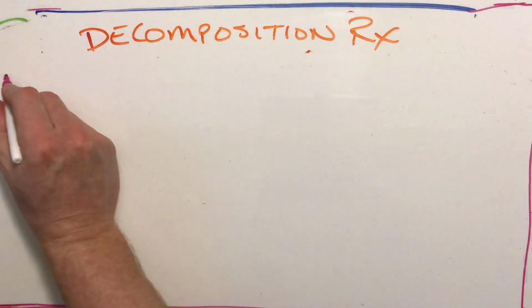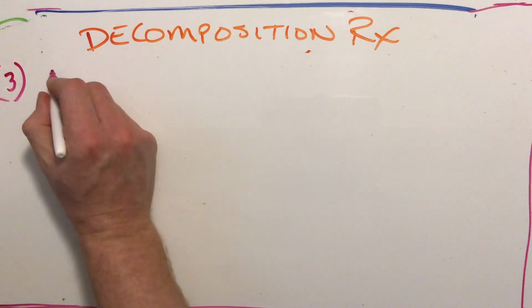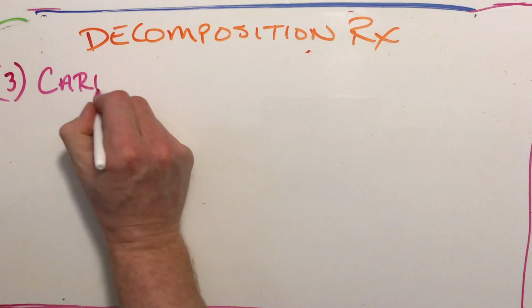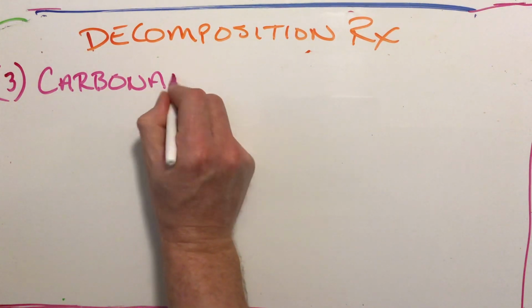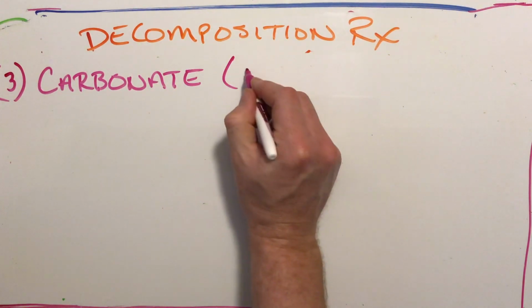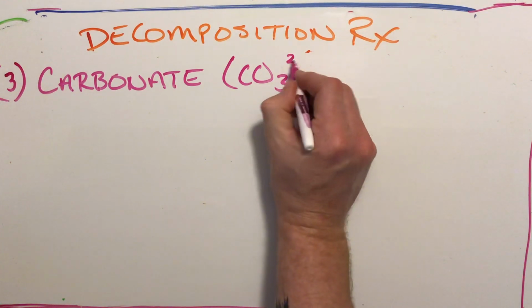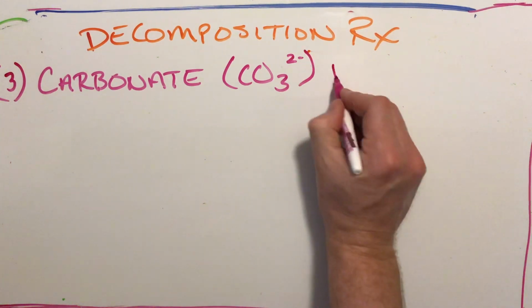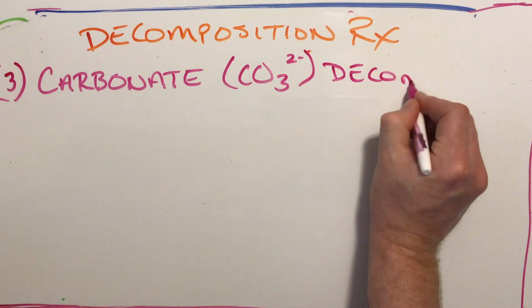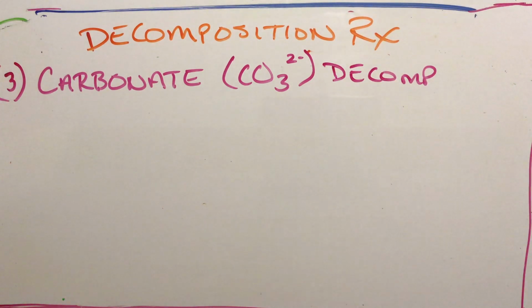Our third type, carbonate decomposition. Now carbonate, if we remember, is CO3. It's got a 2 minus charge. All right?